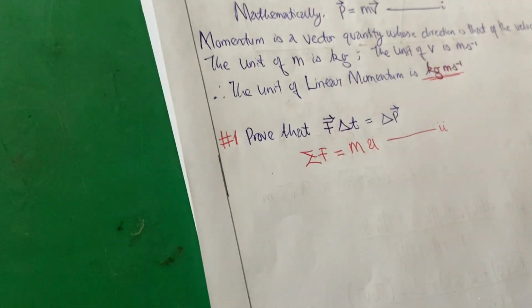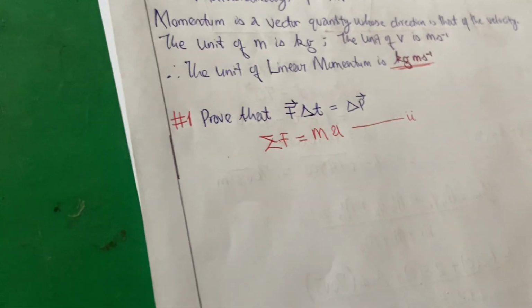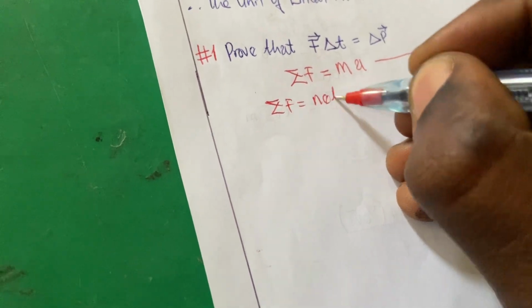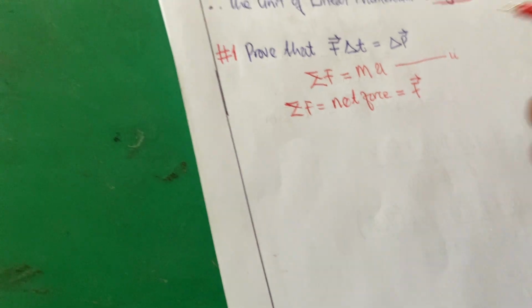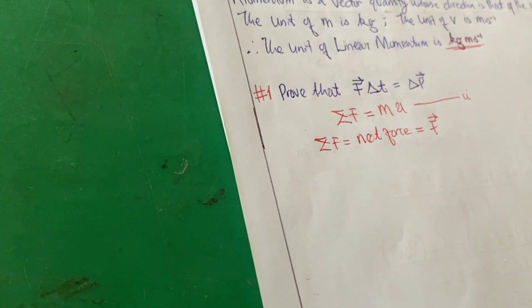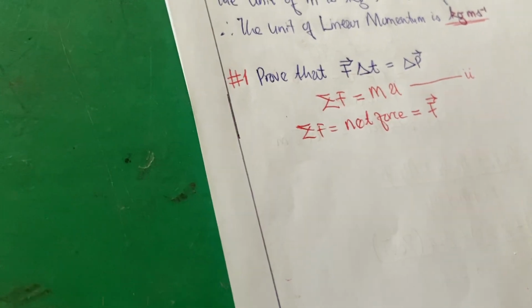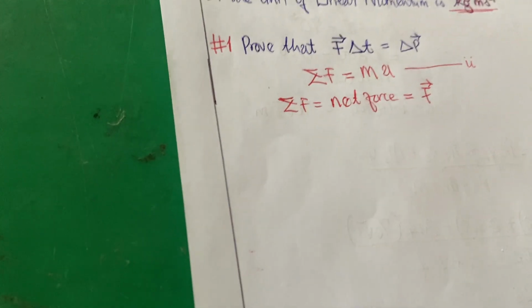Now the sum of all forces is what we call the net force, and it's a vector quantity. The net force is responsible for changing the velocity of an object.